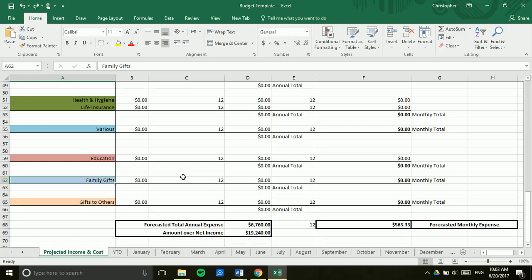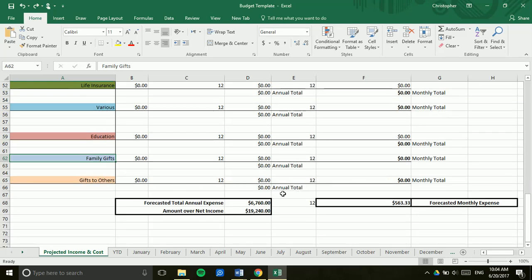Family gifts as well. We decided it was helpful to differentiate between gifts to our family, Christmas gifts, birthday gifts, etc., and gifts to others. At times you want to just be generous to others, and this is a planning for that.